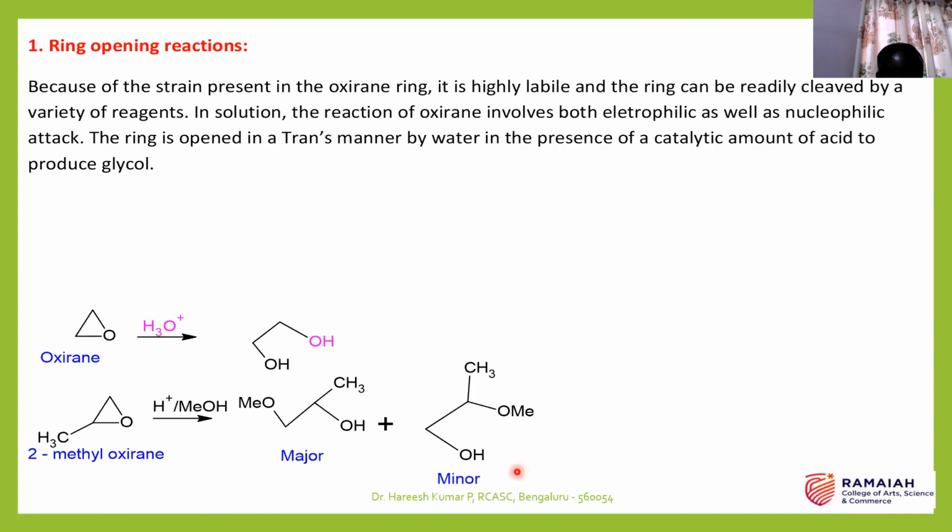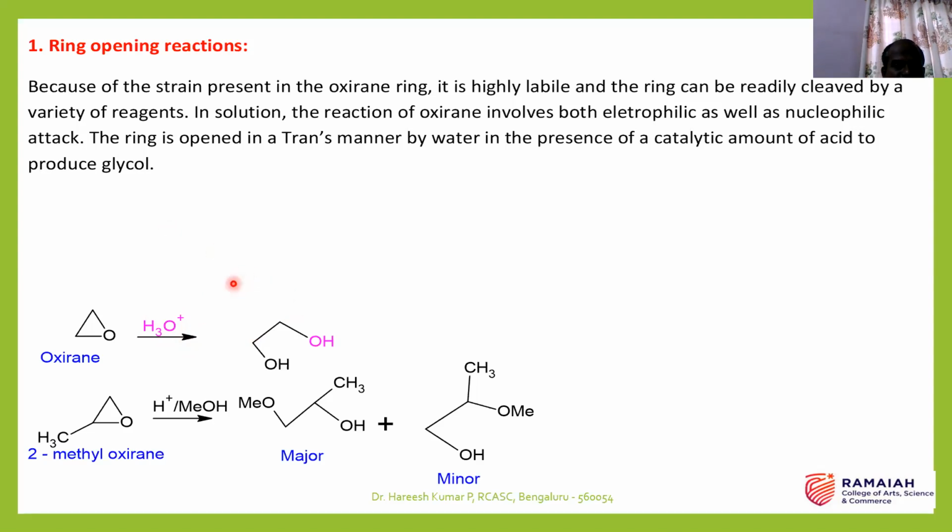It's a ring opening reaction. You know that a three-membered ring is a strained one. Because of that strain, it will undergo ring opening when it is treated with an acid source. The acid source is H plus, which may be from HCl, HBr, or HI.